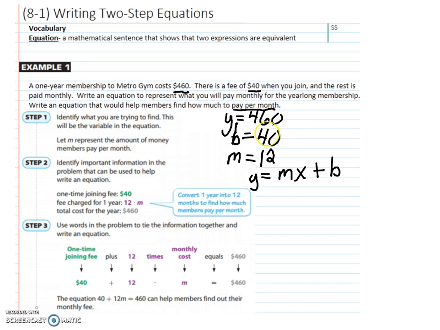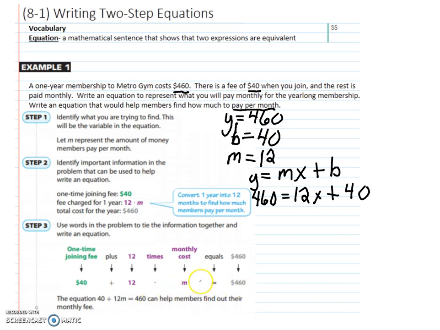The total is the y, the 460. The constant rate of change is the 12 months in the year and how much you pay each month. And the one-time flat fee is 40. Now notice that I wrote 460 equals 12x plus 40. They wrote theirs as 40 plus 12m equals 460. This is the same thing.